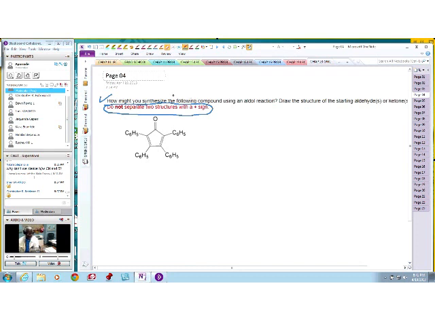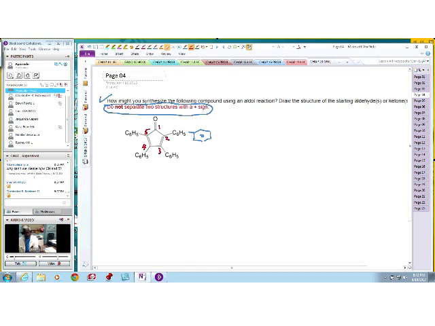To answer this question once again, let us go ahead and number the molecule. By the way, this here is benzene. So you have benzene here, benzene here, benzene here, and benzene here. I am going to number this: carbon 1, carbon 2, carbon 3, carbon 4, and carbon 5.